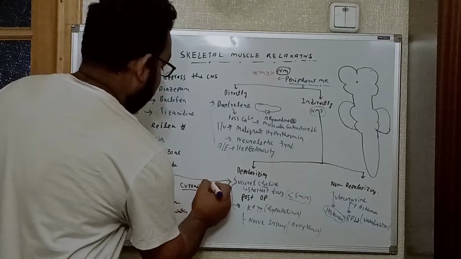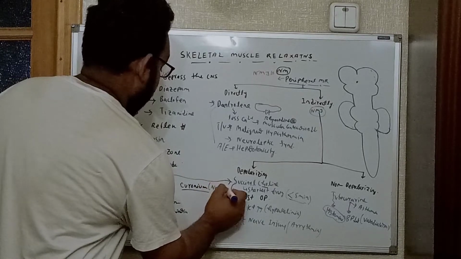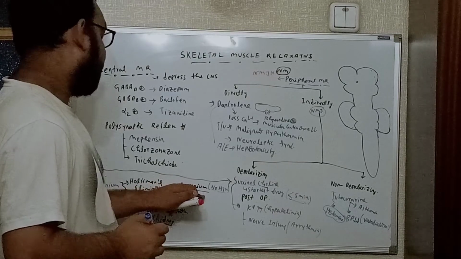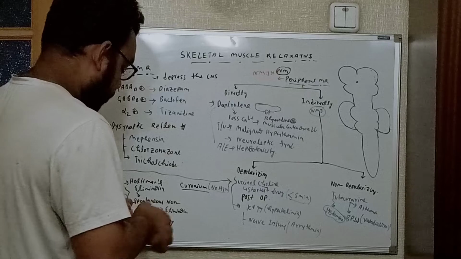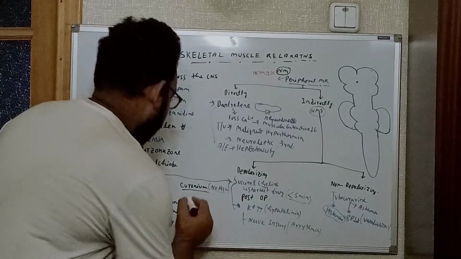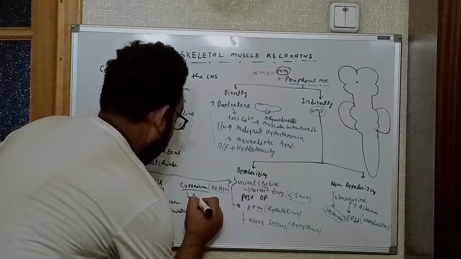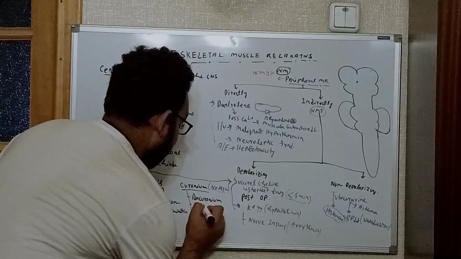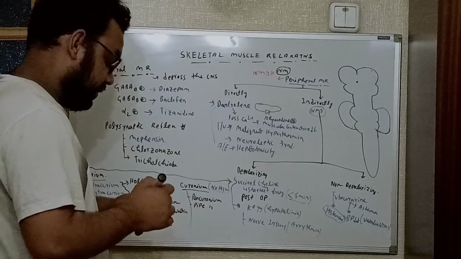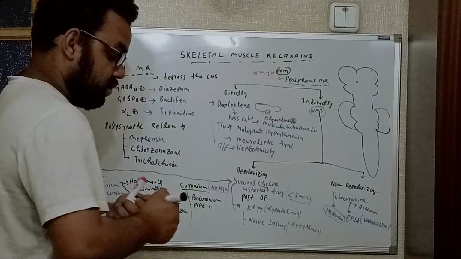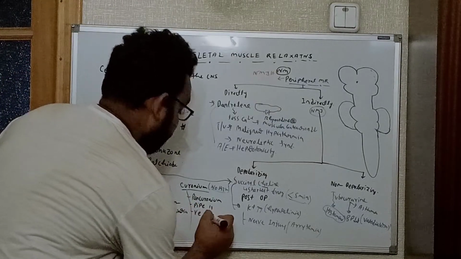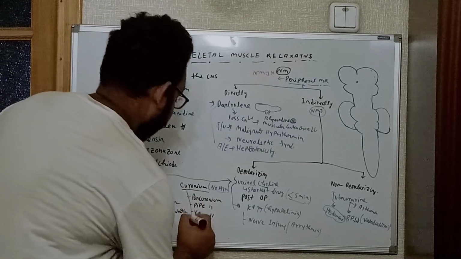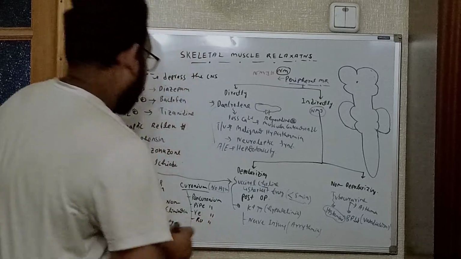They will not release histamine, so no histamine here. The names of these drugs end with curonium: pancuronium, pipecuronium, vecuronium, and rocuronium.